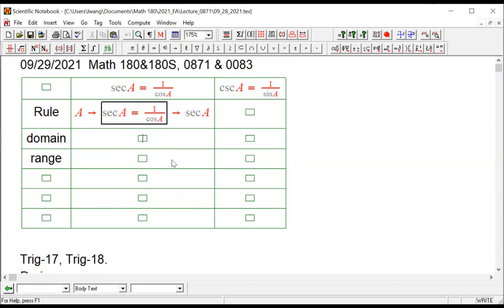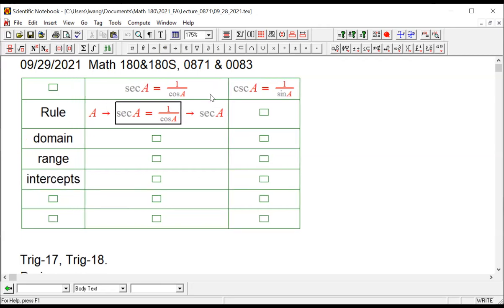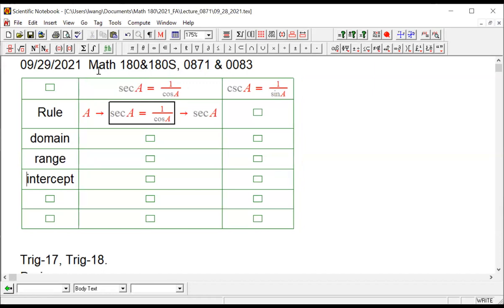Where do you figure it out from? Definition. If you understood my lecture in the past, then you would say, oh, it's just R over Y, R over X, and that relationship and intercepts: X intercept, Y intercepts. These are the things you need to work on.